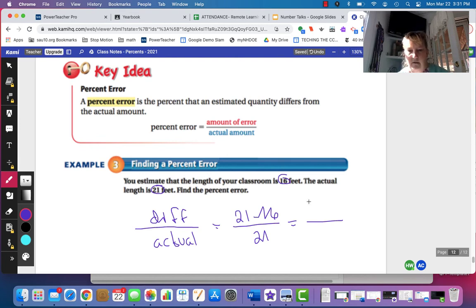That is 5 divided by 21. So 5 divided by 21 gives me 0.24. And again, I'm going to multiply 0.24 by 100 to convert it to a percentage, and I get 24%.